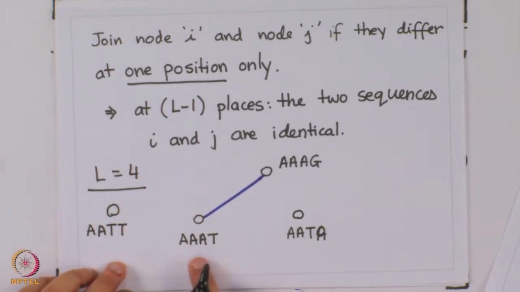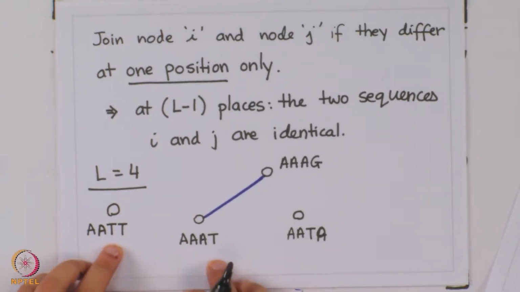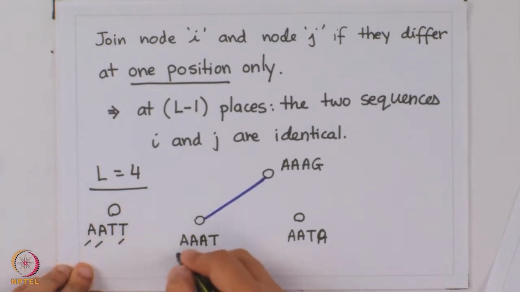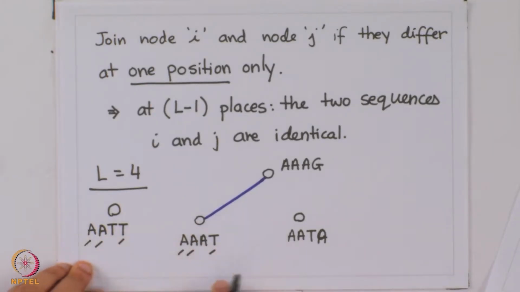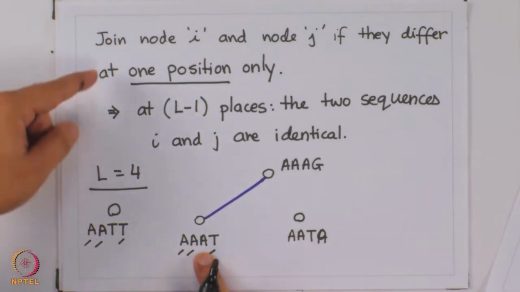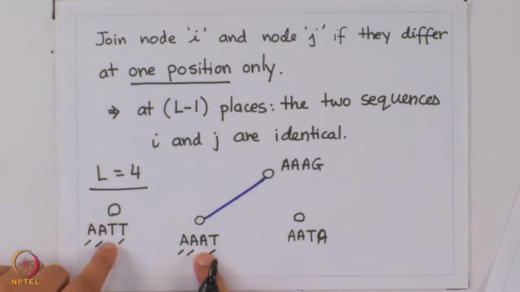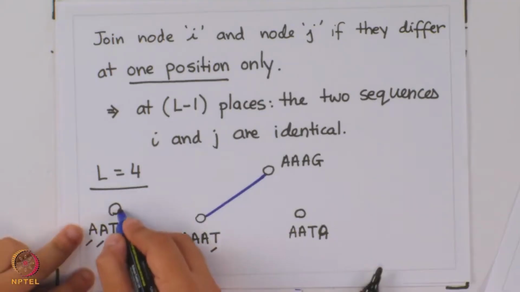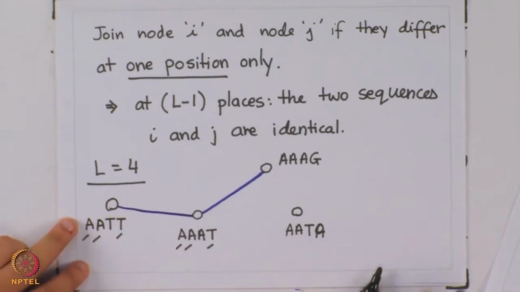And now, if we are talking about these two sequences, they are identical at 1st, 2nd and 4th position. However, they differ at the 3rd position, which again satisfies this rule that they only differ at one position only, the other 3 are identical, and hence these two nodes will be connected by an edge, and so on and so forth.